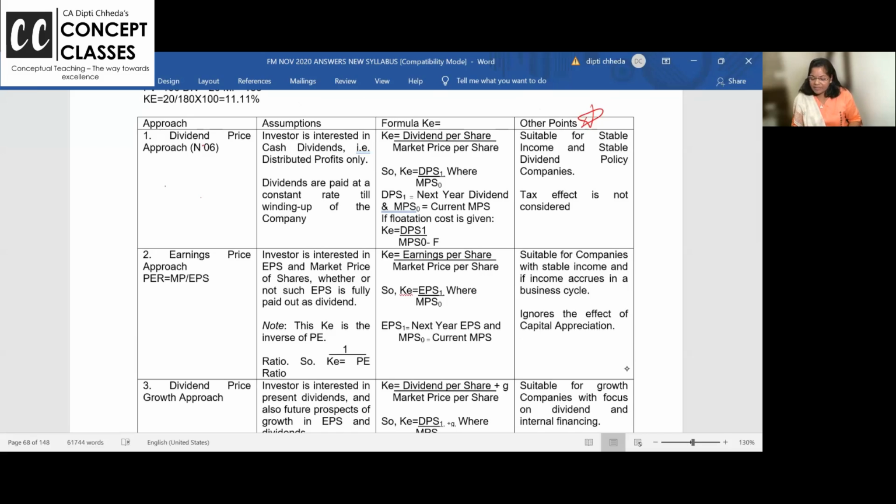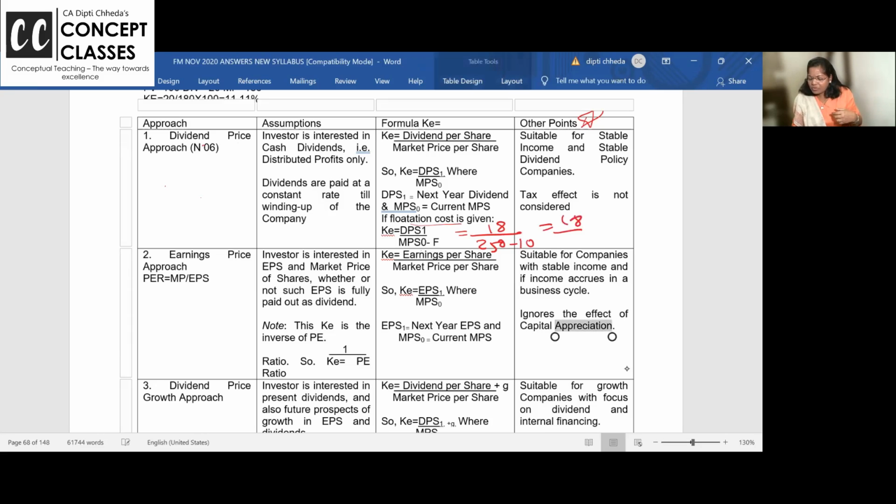And if there is some flotation cost, issue of shares cost, that will be minus from the market value. Are you getting it? So if I am giving 18 rupees dividend to my shareholder and my shareholder is giving me 250, but if the flotation cost is 10 rupees, issue cost and all, how much am I using? 240. That's why F is minus.